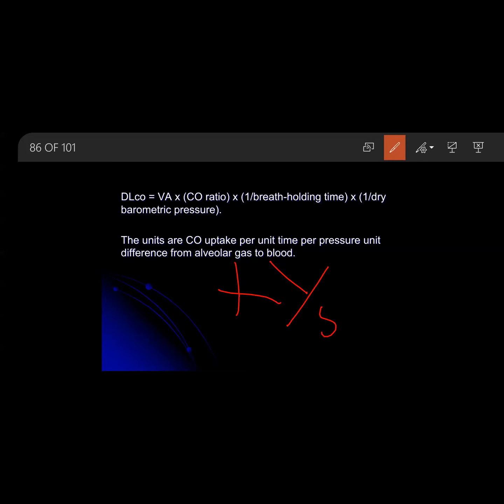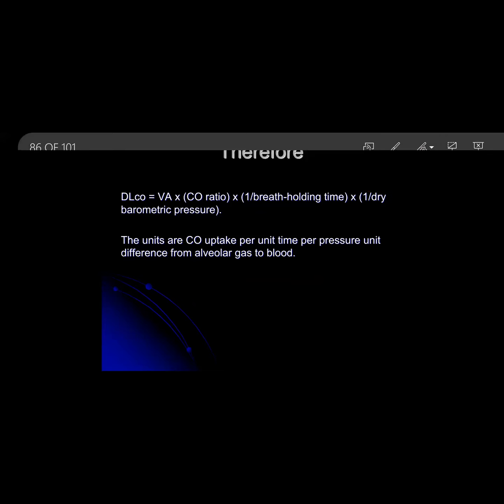So we have a time and we have a pressure. So the unit is carbon monoxide uptake per unit time per pressure from alveoli to the blood.